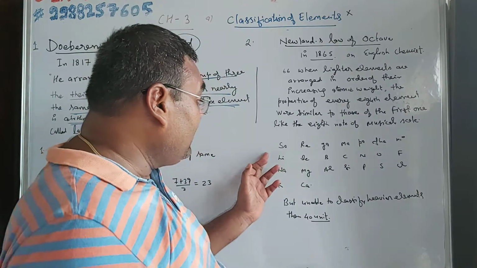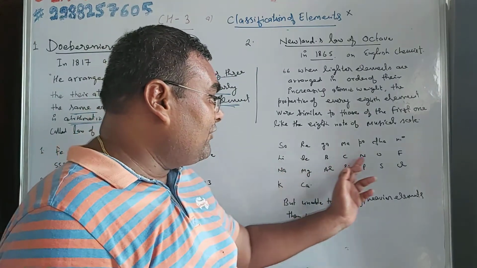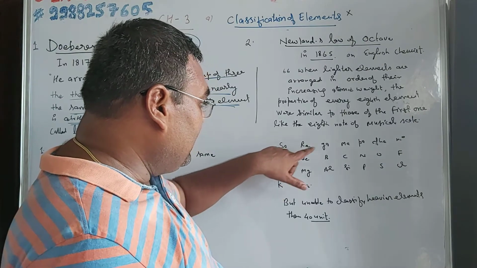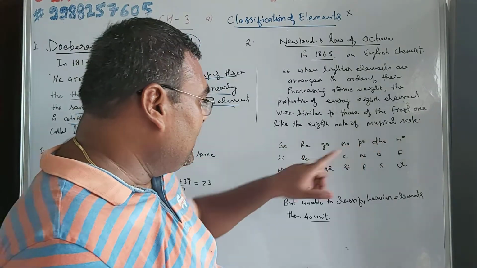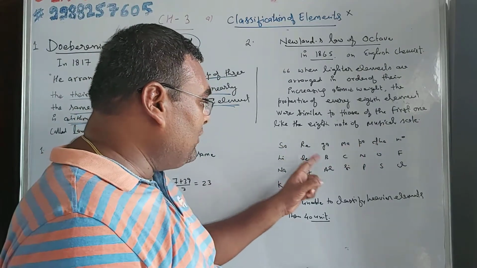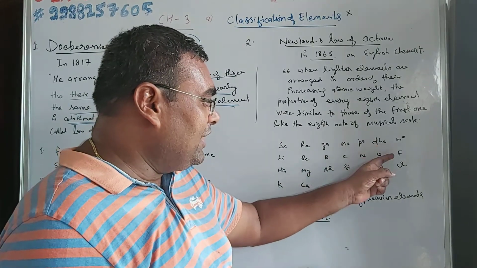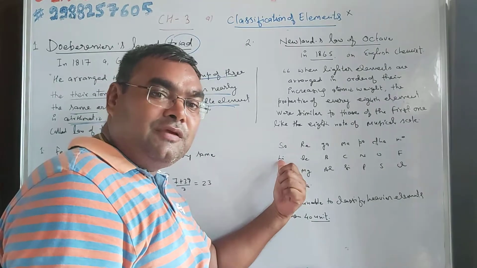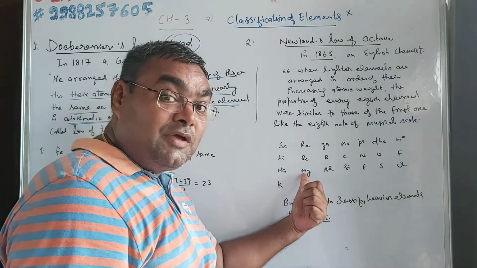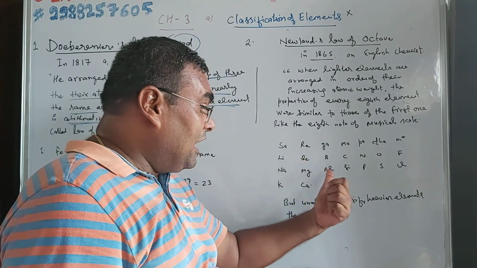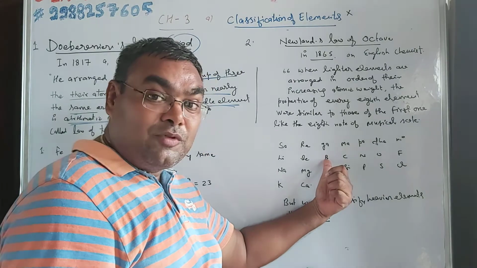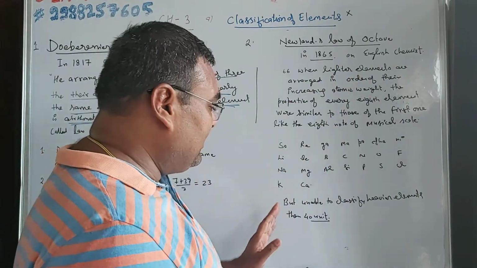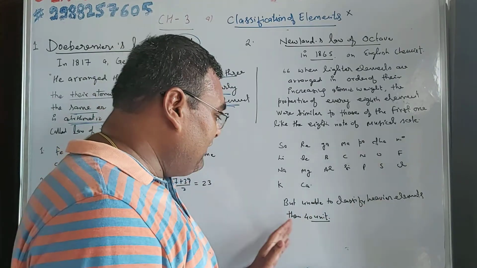Similarly, when you arrange elements in increasing order of atomic masses, lithium, beryllium, boron, carbon, nitrogen, oxygen, fluorine, and the 8th element is sodium, which has the same characteristics as lithium. Similarly, magnesium has the same characteristics as beryllium, and aluminium the same as boron. So this is Newlands' law of octaves, but it was unable to classify heavier elements.